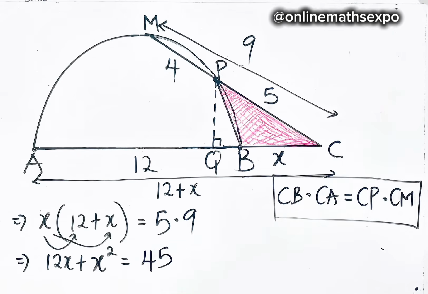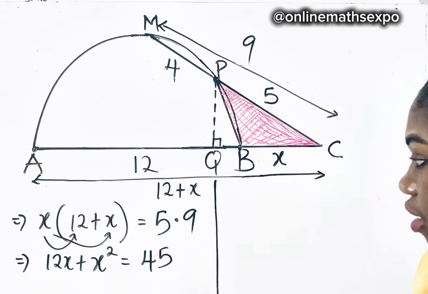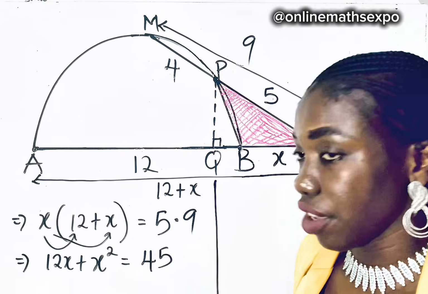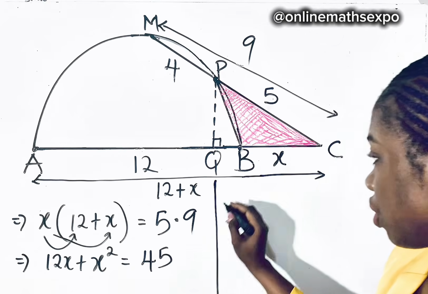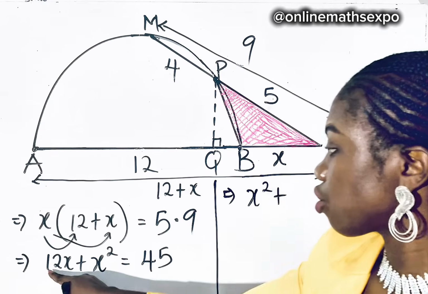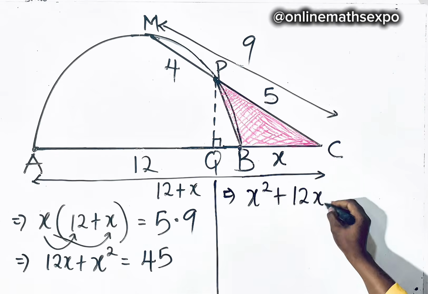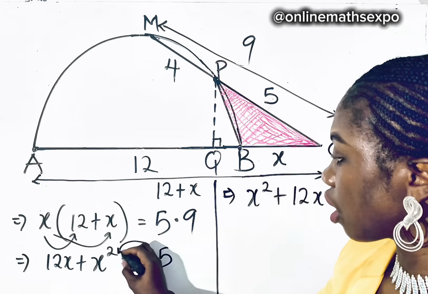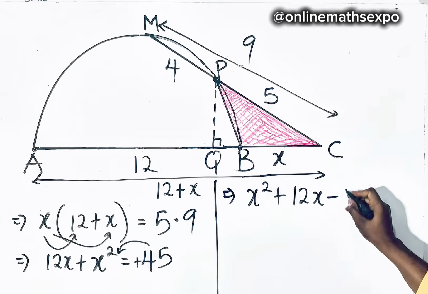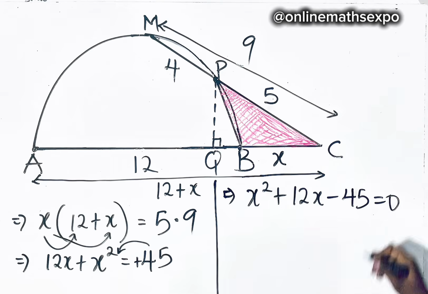You see that this has led us to a quadratic equation because the highest power of x is 2. Let's rearrange it. We are going to have x squared plus 12x. Then to remove this, take it to the left. It's positive, so you subtract. So we have minus 45 and is equal to 0.